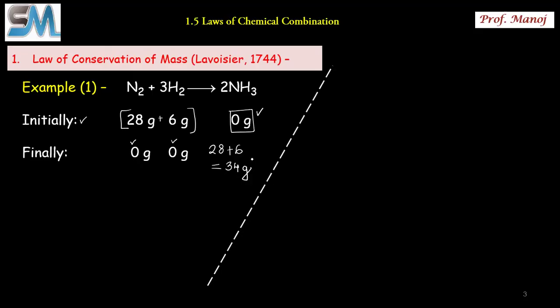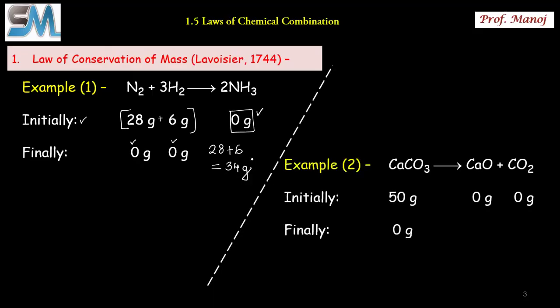Let us understand this with another example. Now check here, they have given us calcium carbonate producing calcium oxide and carbon dioxide. Over here, let us introduce the concept called molecular weight, also known as molecular mass. If you want to find the molecular mass of calcium carbonate, you must know the atomic masses. In the next video, lecture number 4, we will be doing this concept in detail, but currently let us revise it.